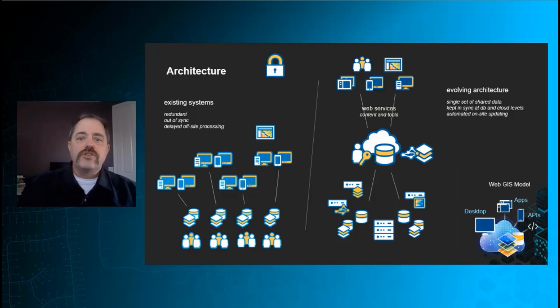This naturally leads us to talk about architectural considerations that a lot of these new capabilities are designed for. Many existing systems that we've seen have multiple databases throughout several teams and departments within an organization, probably not unlike what you see here on the left.